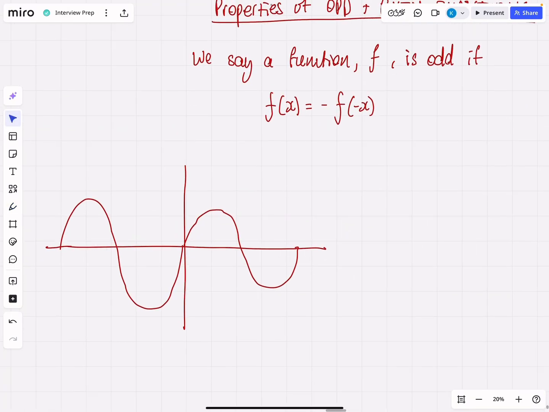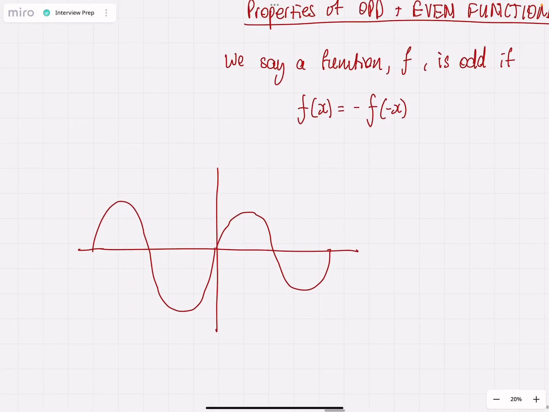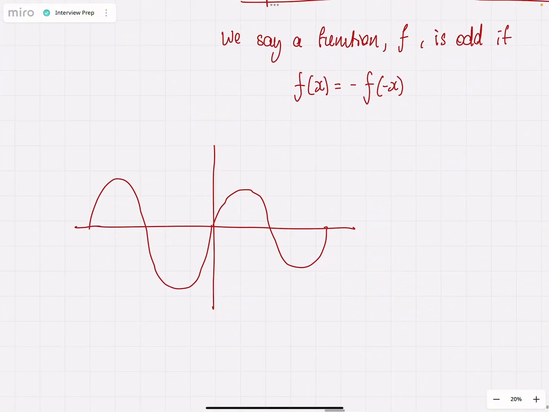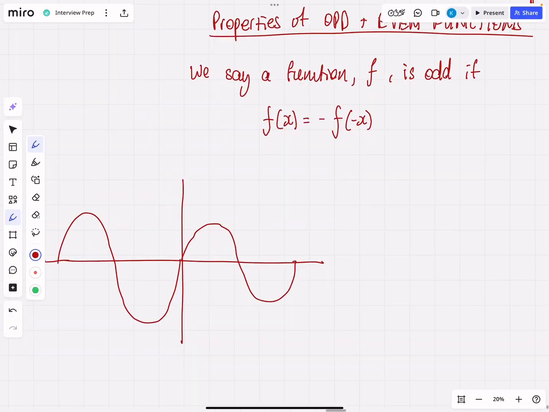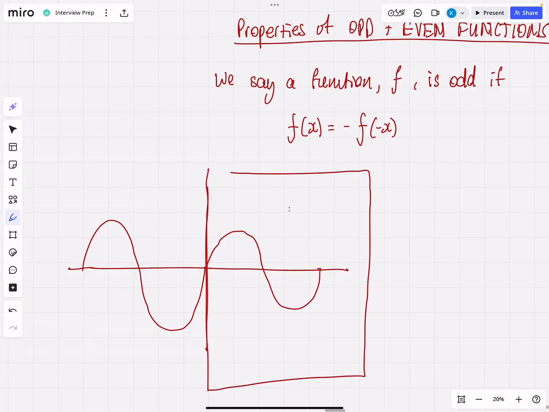Now, odd functions have the property that they have rotational symmetry about the origin, right? So what do I mean by this?